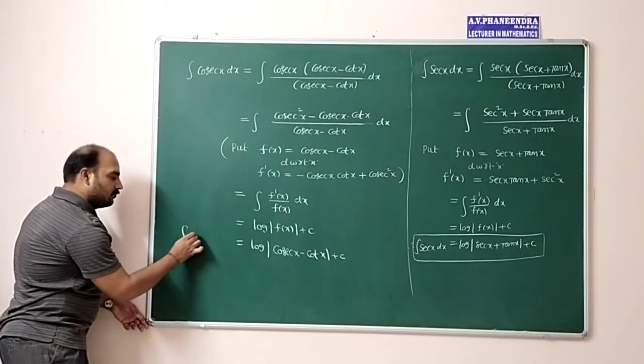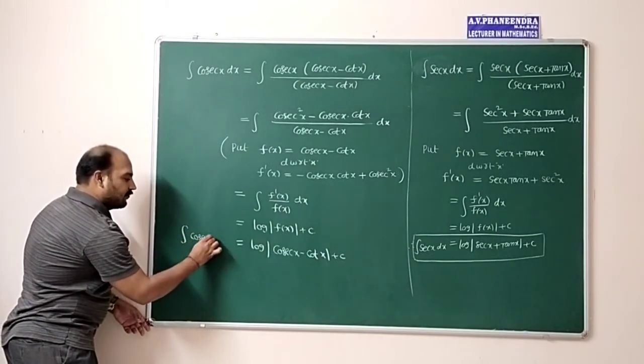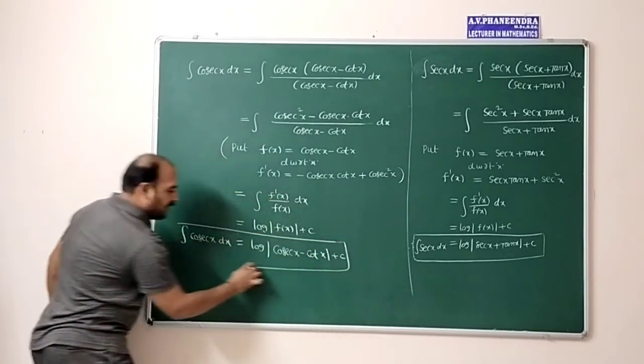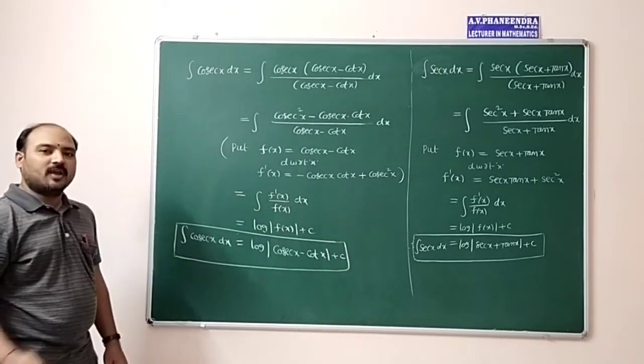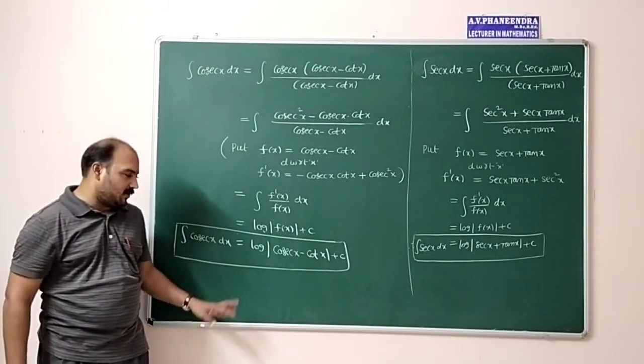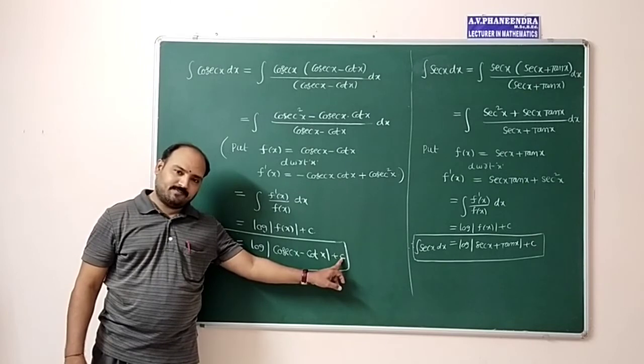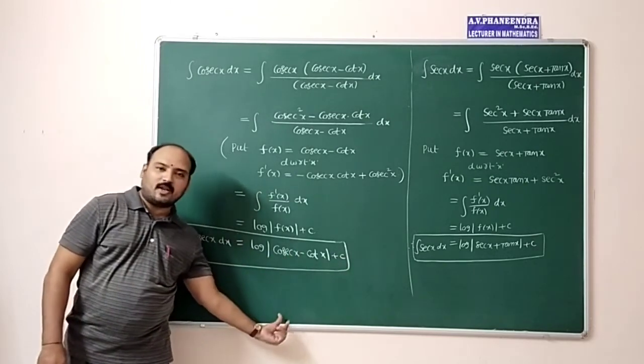Therefore, integral cosecant x dx is equal to log mod cosecant x minus cot x plus c. In the coming days, I will explain the expansion of log mod cosecant x minus cot x also.